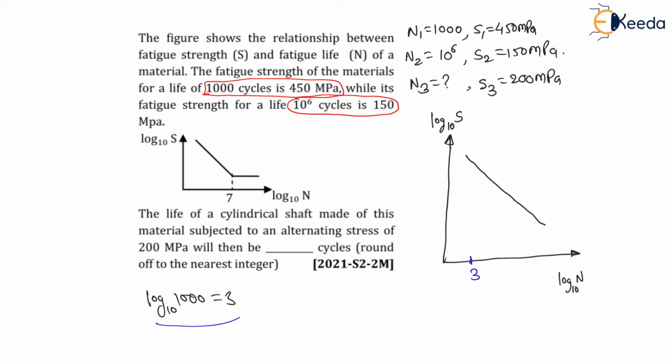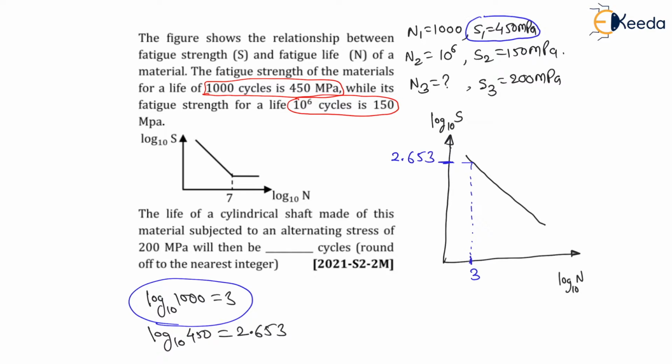Then S1 is 450 MPa, so we have to plot log10 450 on the y-axis. This value we will find as 2.653. So corresponding to this 3, log10 S_f will be 2.653, right?